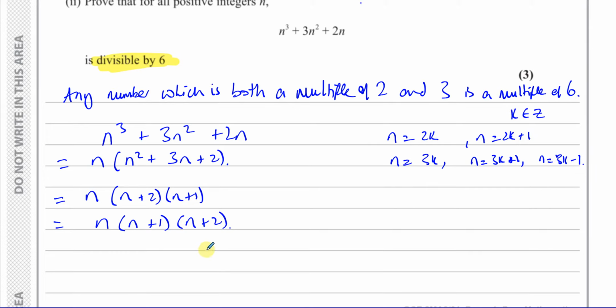Not too many steps. We can show that this is always going to also be a multiple of 3 when we choose 3k plus 1, 3k minus 1, thereby proving it's a multiple of 2 and a multiple of 3 as well. Therefore, it's a multiple of 6, because any number that's a multiple of 2 as well as a multiple of 3 will always be a multiple of 6 as well. Okay, because 2 times 3 is 6.